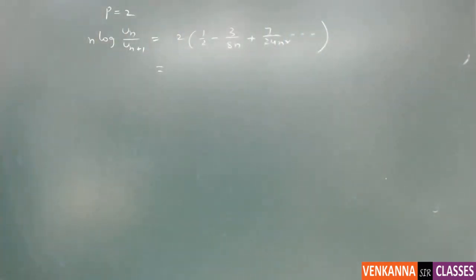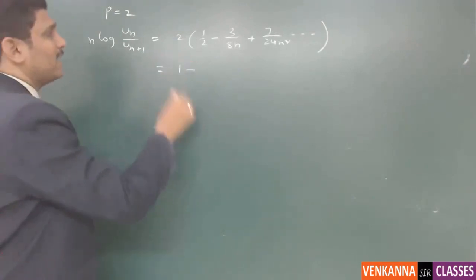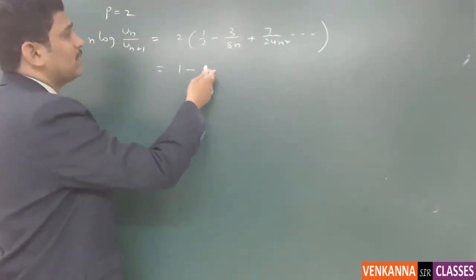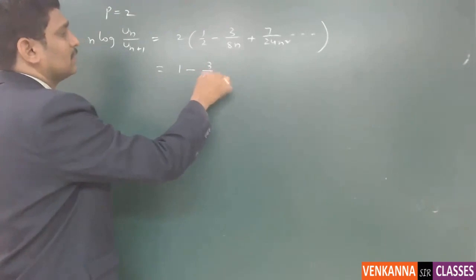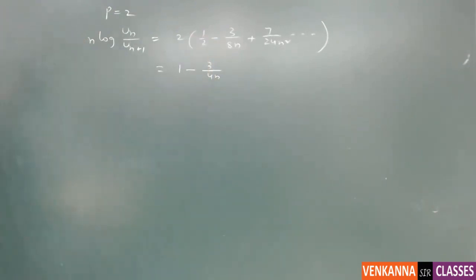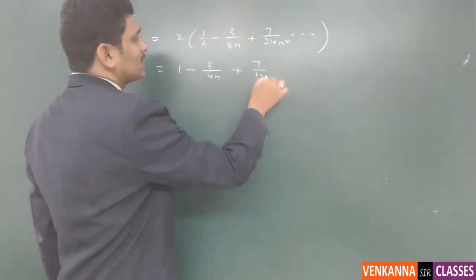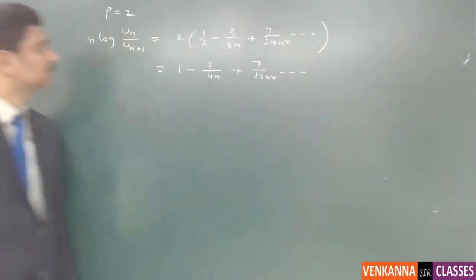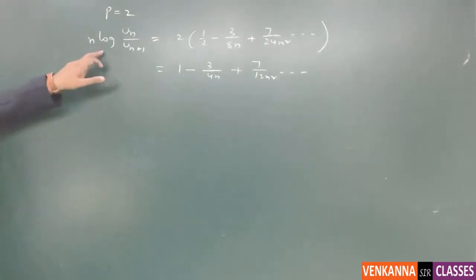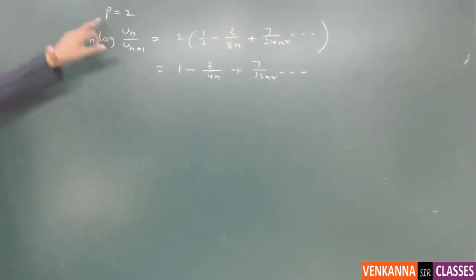So this will be equal to 1 minus 6 by 8, that is 3 by 4n, plus 14 by 24, that is 7 by 12 n square, and so on. This is the value of n into log of un by un plus 1, in which I have taken the substitution p equal to 2.